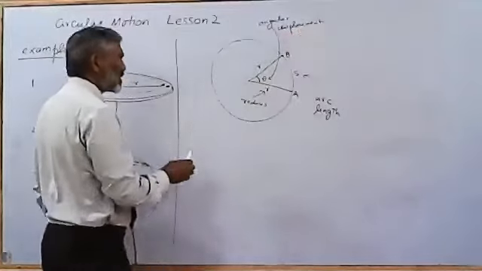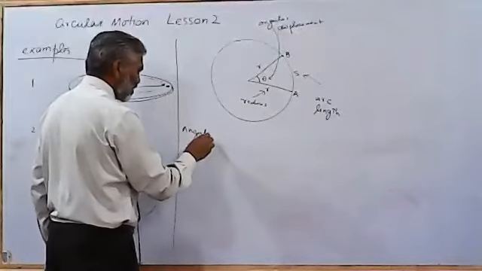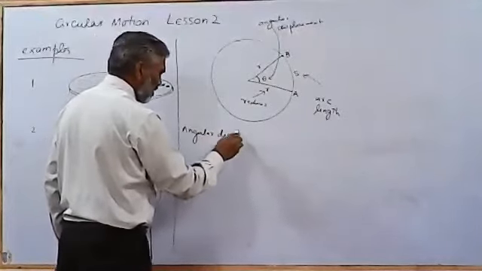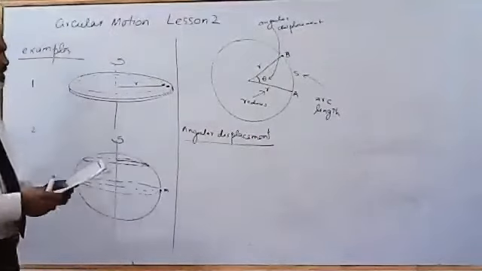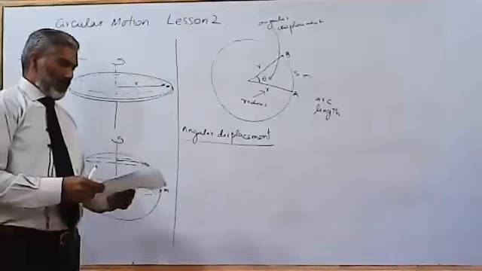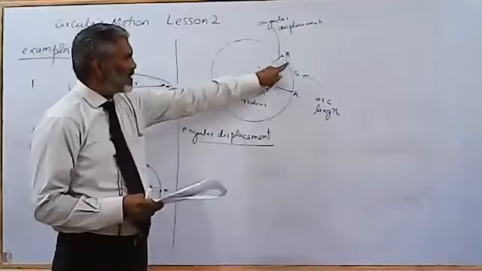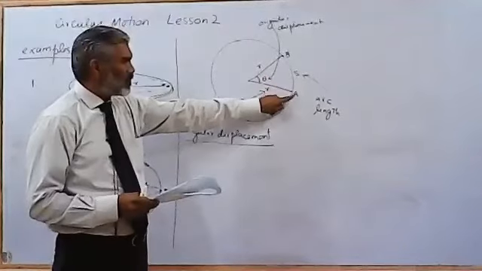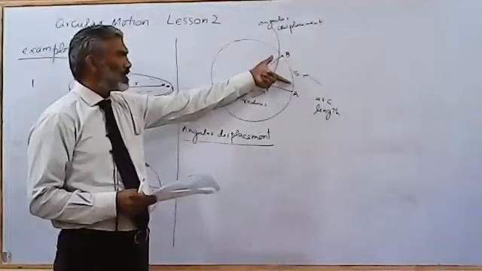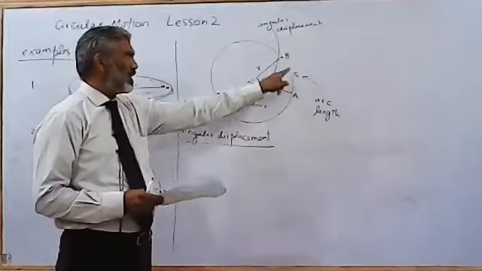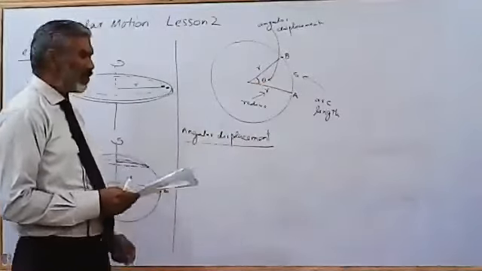So if I ask you to describe or define angular displacement, it will be the angle subtended at the center by this arc when an object moves from a position A to position B. So arc length is basically the arc length AB, and this angle is the angle subtended by this arc at the center of the circle.